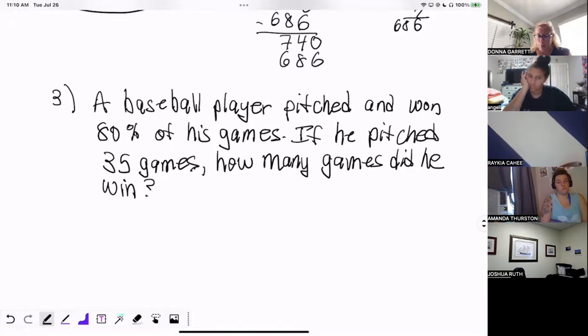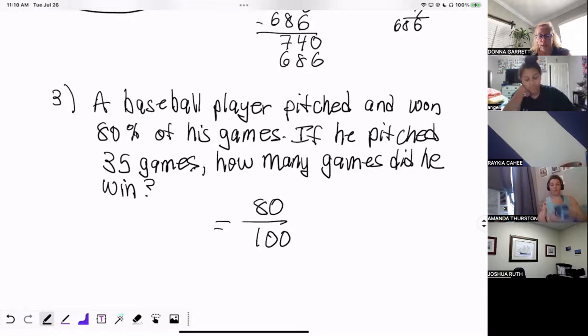Baseball player pitched and won 80% of his games. So 80 over 100, that's your percent. If he pitched 35 games, how many did he win? So the whole is 35 games, and we need to find how many he won. That should be your setup.